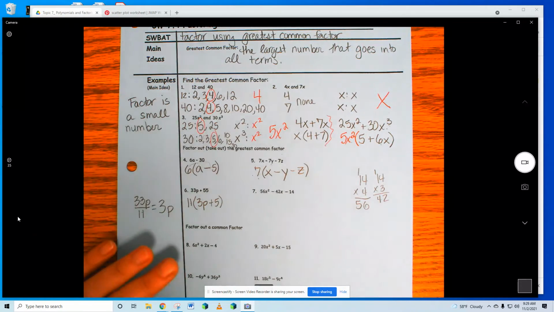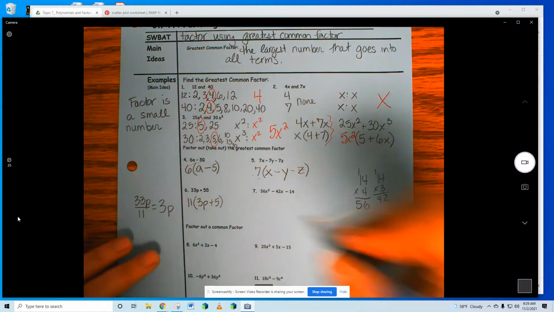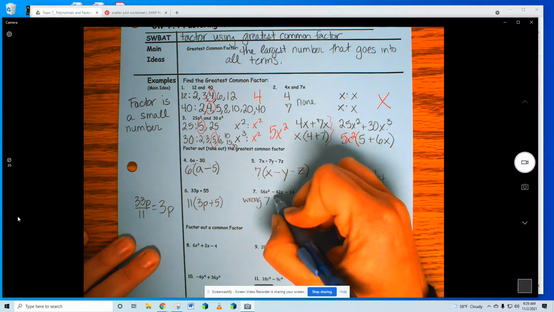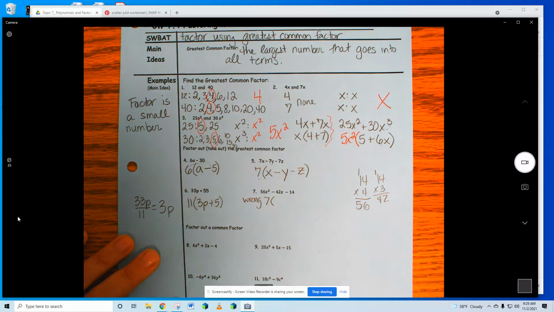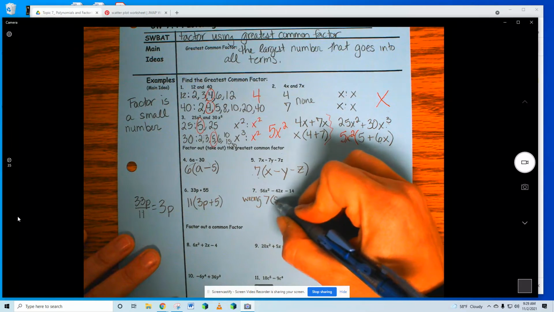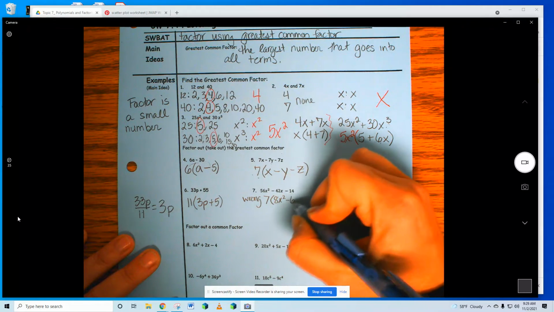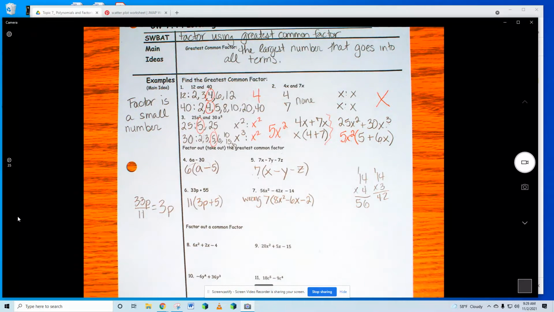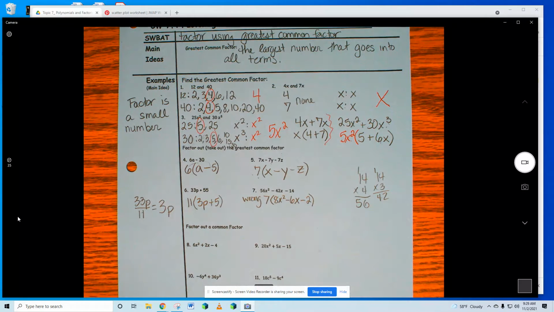Here's what would have happened if I chose 7. Let's do it wrong. 7. Then when I would have left my leftovers, I would notice 8x squared minus 6x minus 2. That 8 and 6 and 2 still have a GCF. 2 goes into 8 and 6 and 2.